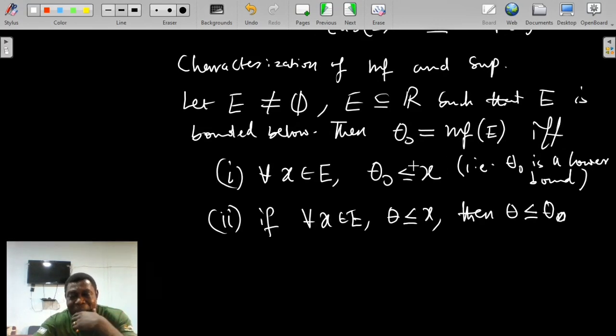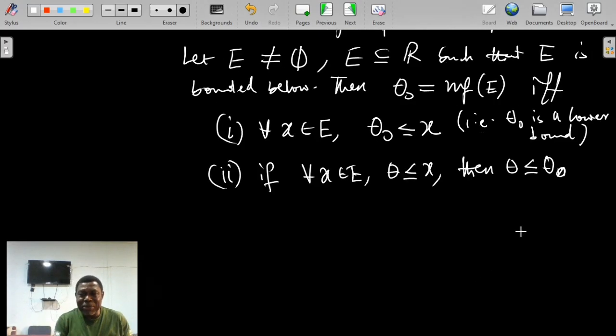So it must be a lower bound. And not only that, if you establish another lower bound theta, then that theta must be less than or equal to theta naught, meaning that theta naught is the greatest of all lower bounds.